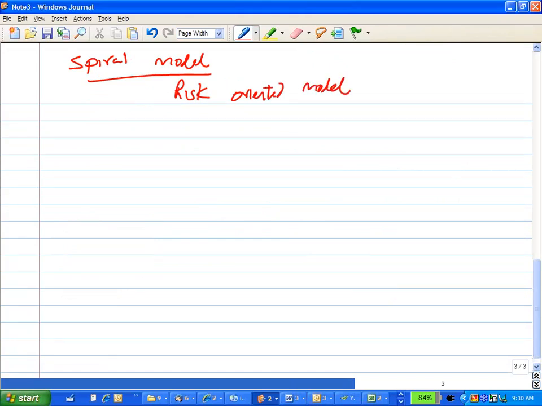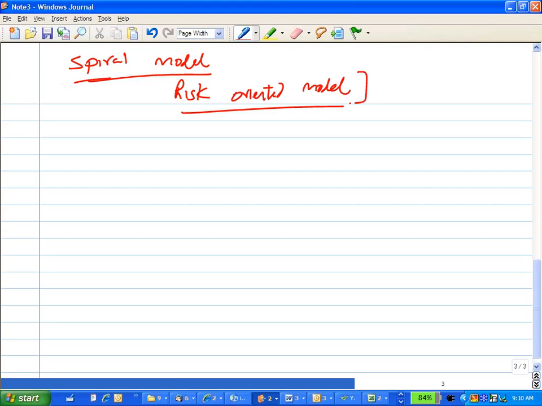Then we started talking about the spiral model. We said spiral model is a risk-oriented model. What that statement means is, if a project is especially risky, you might want to consider the spiral model, because it was invented to deal with risky projects, right?